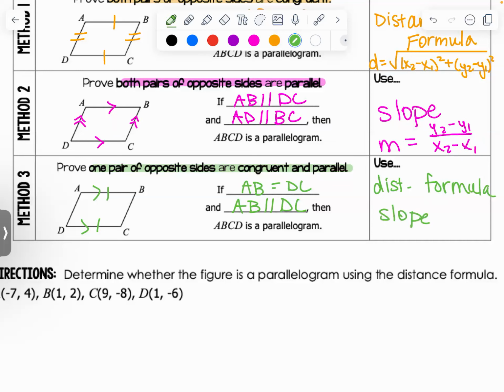No matter what, for calculations, you are either doing the distance formula 4 times, the slope formula 4 times, or 2 distance formulas and 2 slopes.